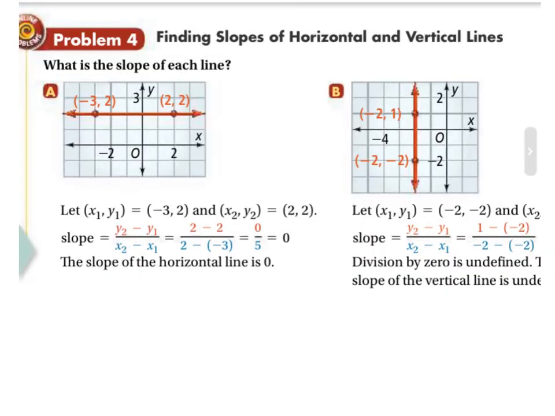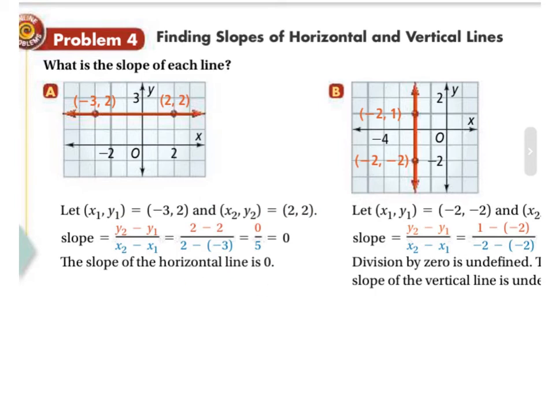Okay, so finding slope of horizontal and vertical lines. Our last one, you got it here. What is the slope of each line? Now again, you can calculate it out, absolutely. So I have a perfectly horizontal line, and you can pick any 2 points you want here: -3, 2, and 2, 2. And we plug them in down here, and we calculate 0 over 5, which means that we end up with 0, because 0 divided by anything but 0 is 0.